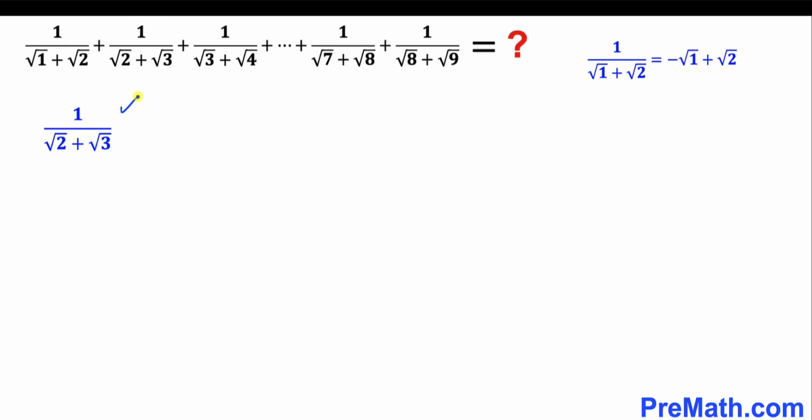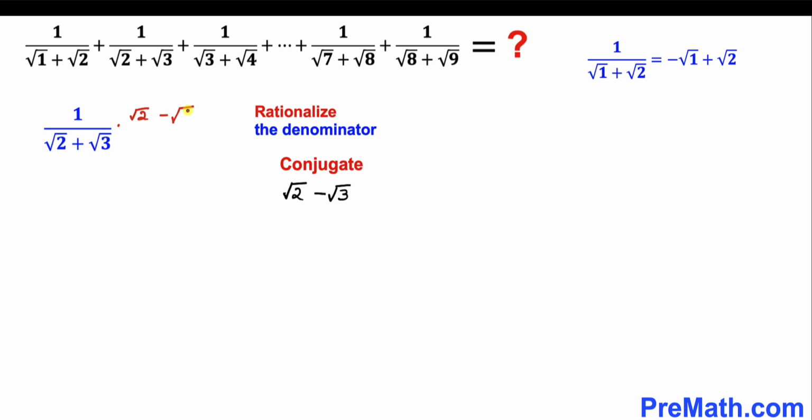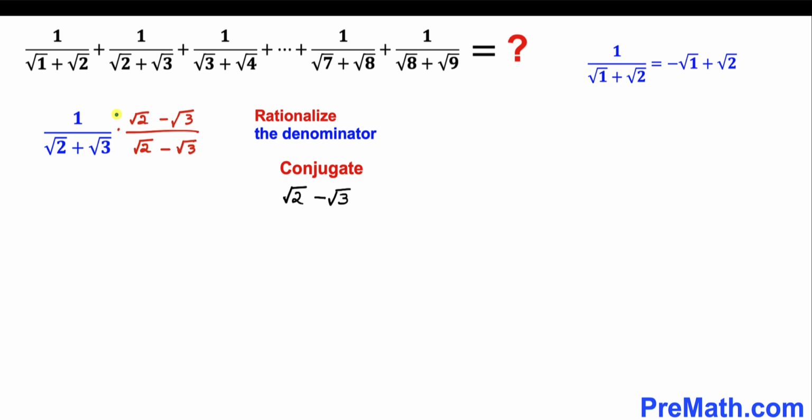Now let's go ahead and rationalize its denominator by multiplying and dividing by its conjugate, that is going to be square root of 2 minus square root of 3 divided by, likewise, square root of 2 minus square root of 3.